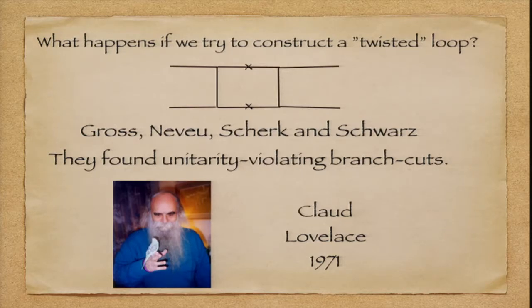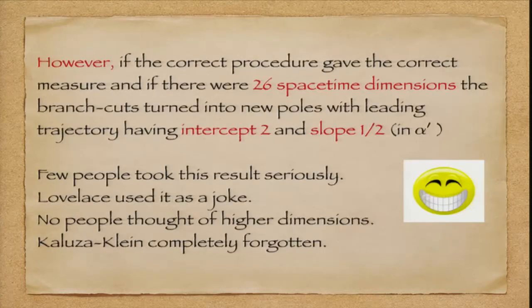And then Lovelace made an observation, which people did not take very seriously. He said, if the correct procedure gives the correct measure, I'm coming back to the measure because the measure was a problem.